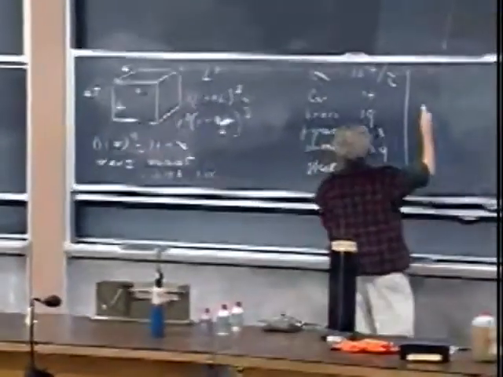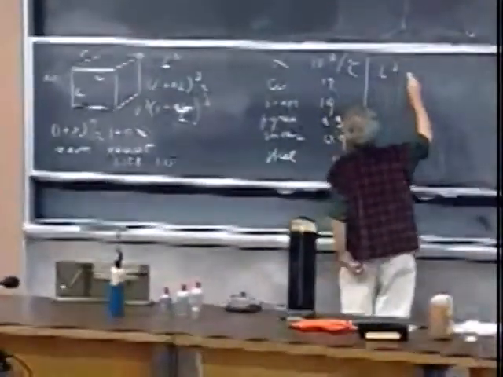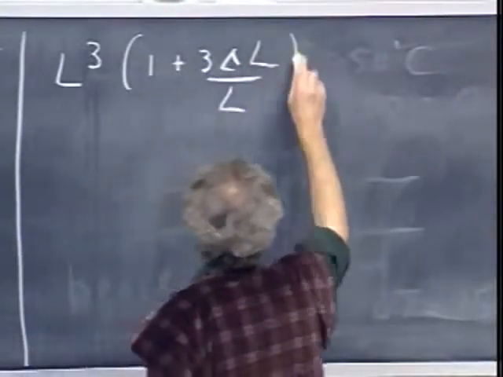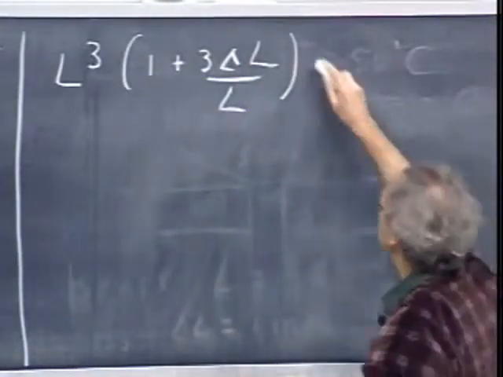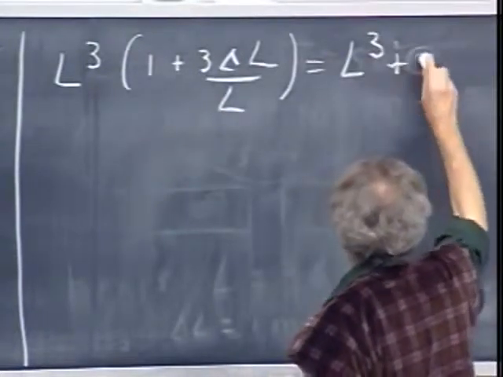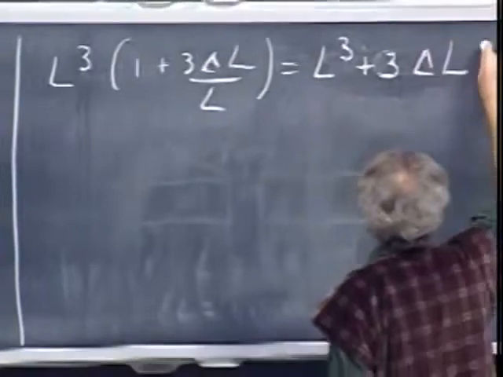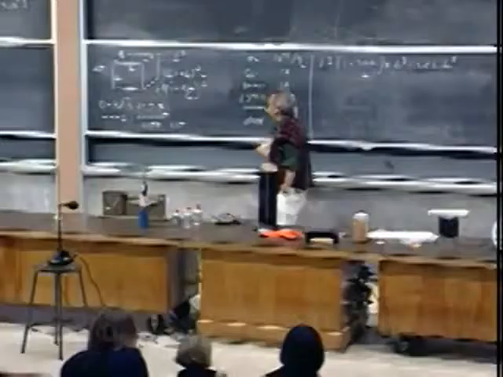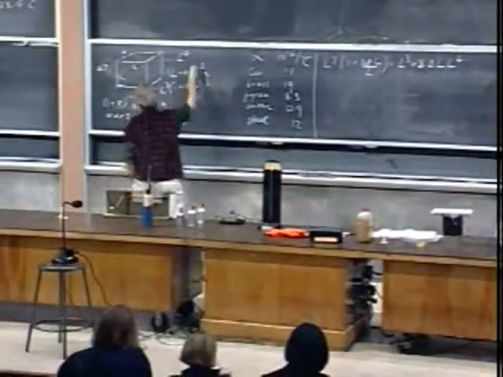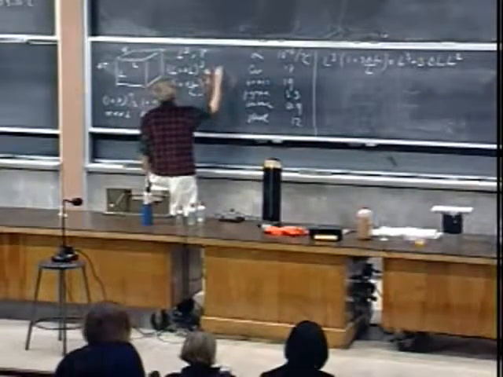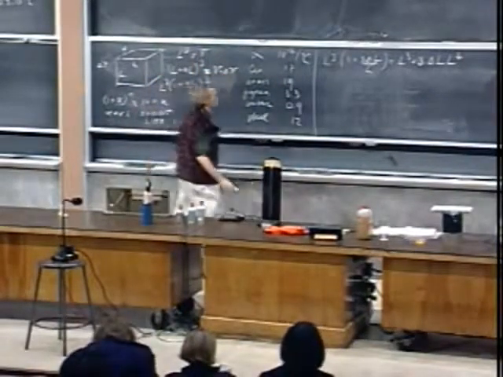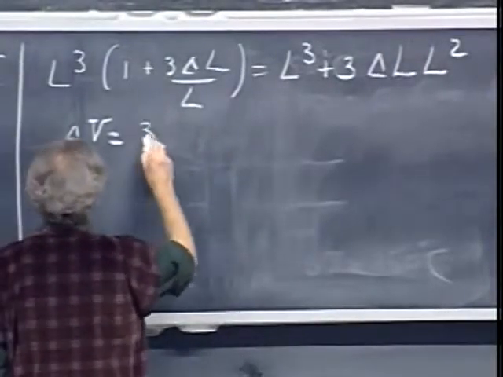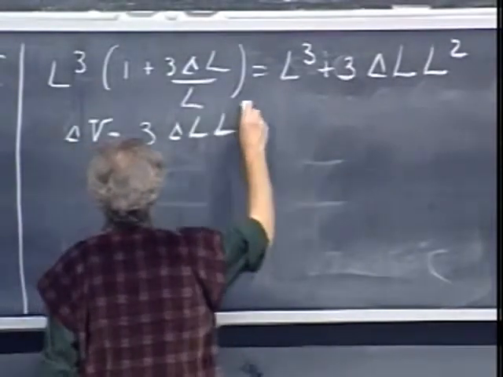And so we're going to get L to the third times (1 plus 3 delta L divided by L). So that is L to the third plus 3 delta L times L squared. So the difference in terms of delta V: the old volume was this, and this volume is V plus delta V. So delta V is the difference between the two, is 3 delta L times L squared.